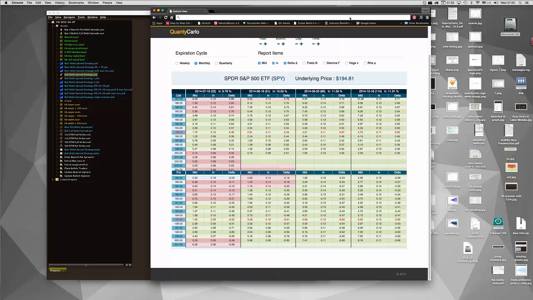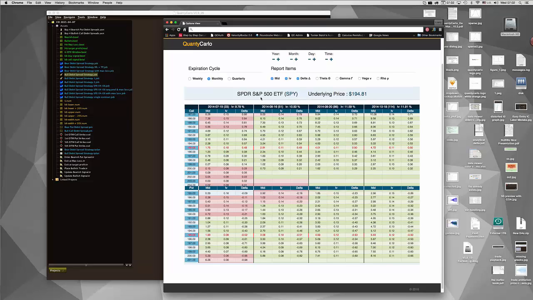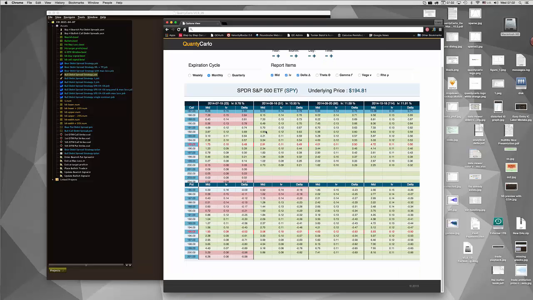I've deleted out the URL here, so this is essentially the web page, and it does exactly what the name implies. It allows you to view the data that's behind the back tests that you perform on QuantyCarlo.